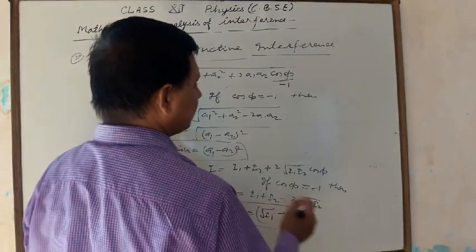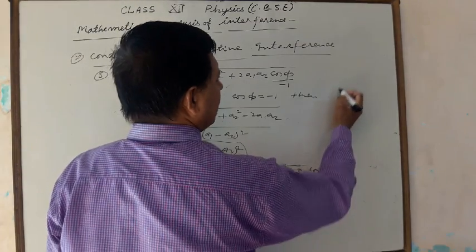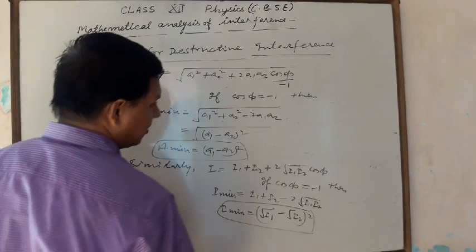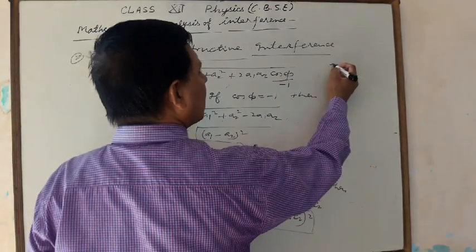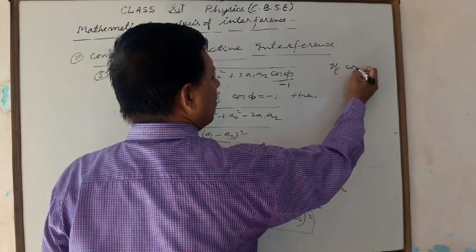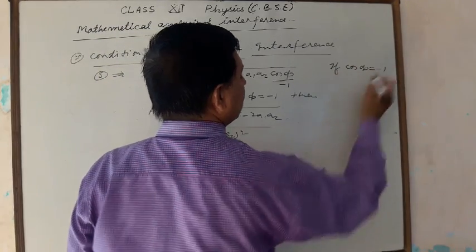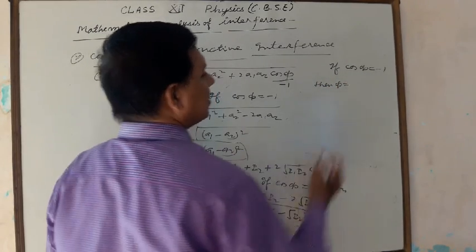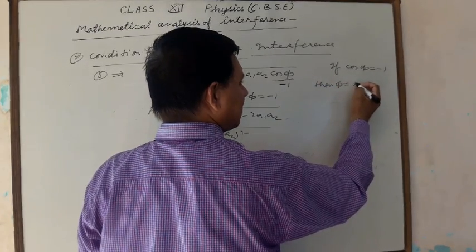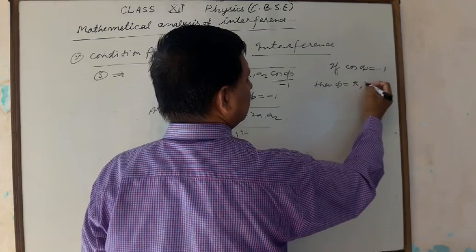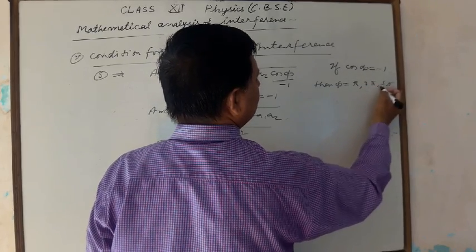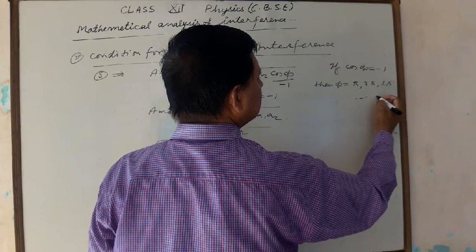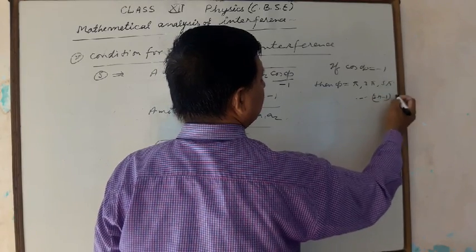Here we see that if cos phi is equal to -1, then the value of phi becomes pi, 3 pi, 5 pi, and so forth, (2n minus 1) pi.